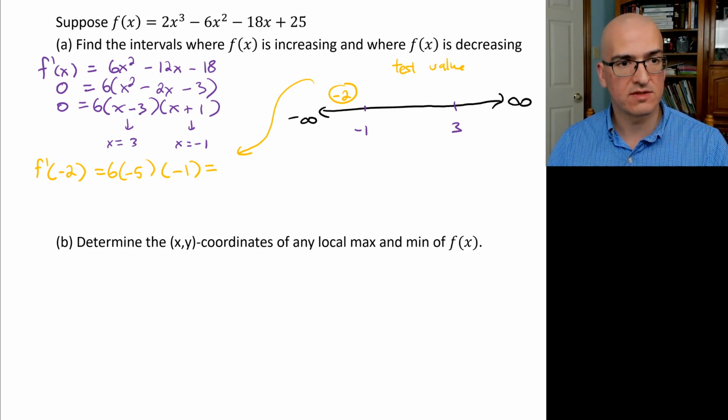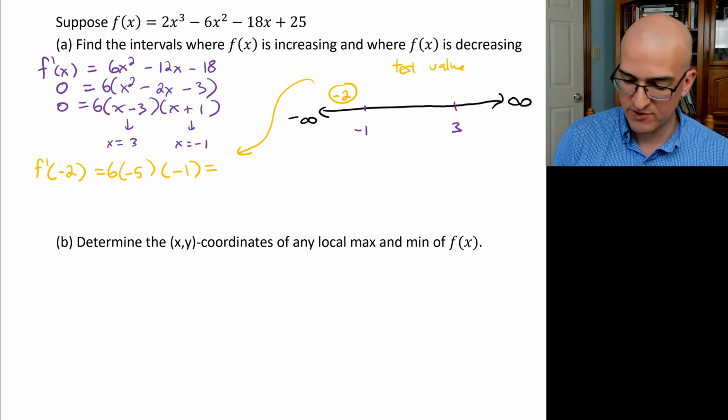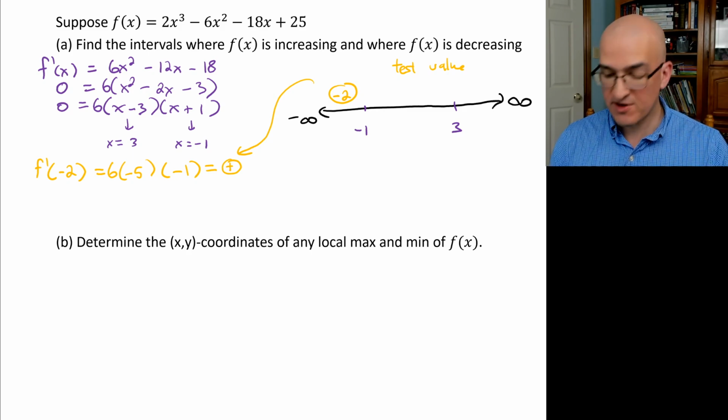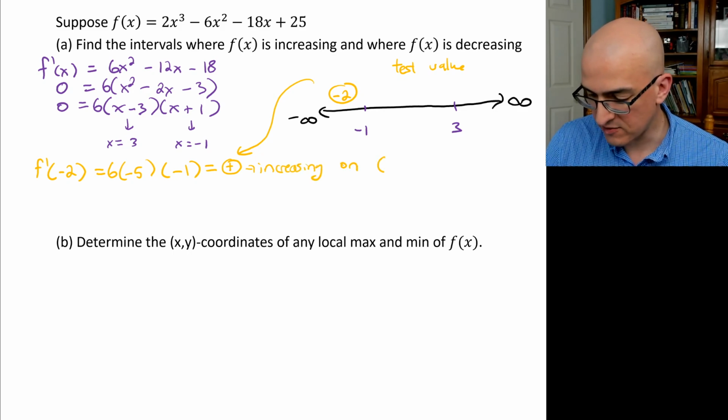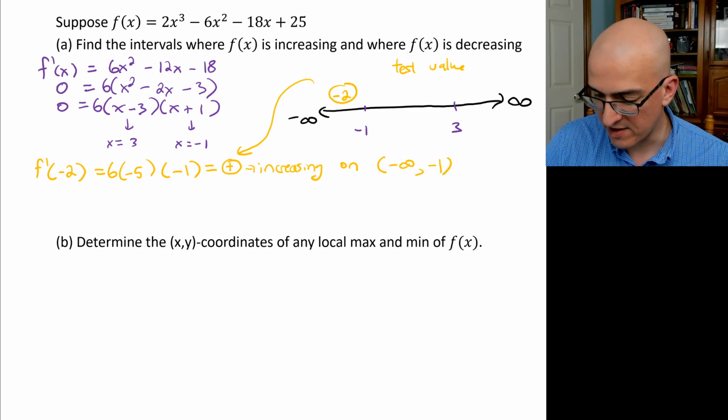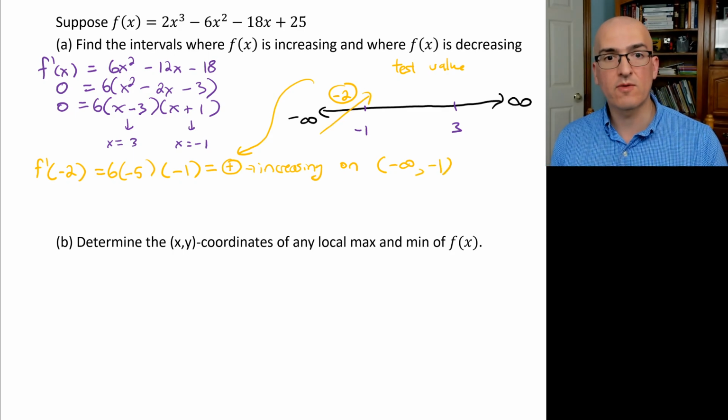Positive 6, negative 5, negative 1, two negatives, positive, multiply to give you a positive. This means it is increasing inside that first region. Increasing on the interval from minus infinity to minus 1. I'm going to indicate that with an up arrow.